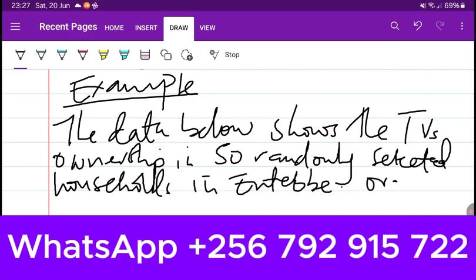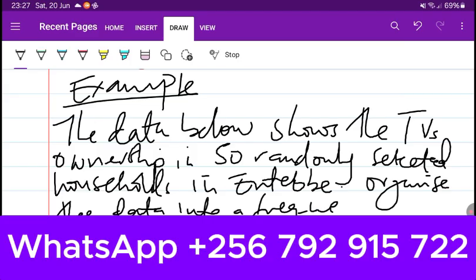Organize the data into a frequency distribution and get its relative frequency. Of course, let's now give the numbers and then we proceed.